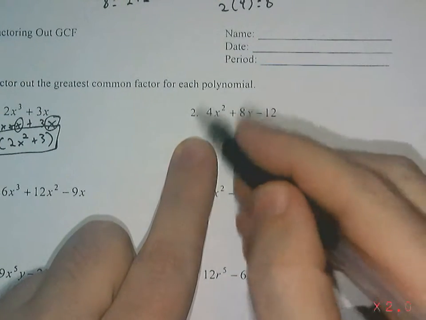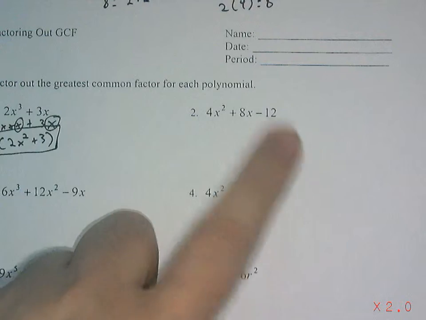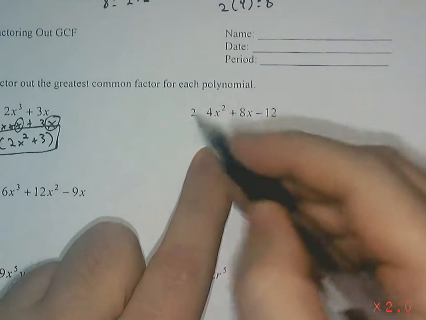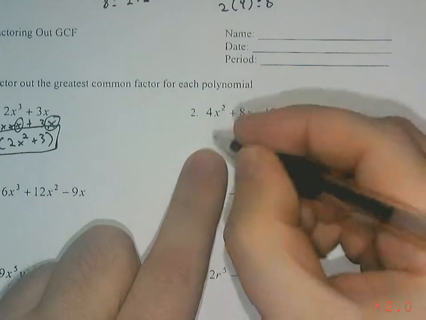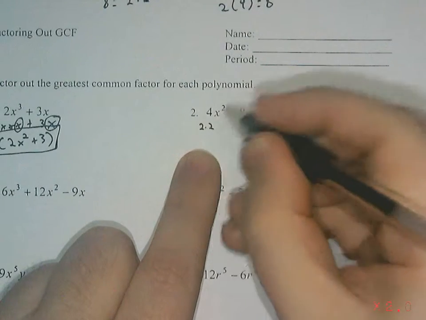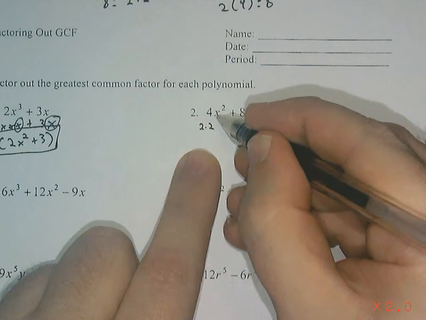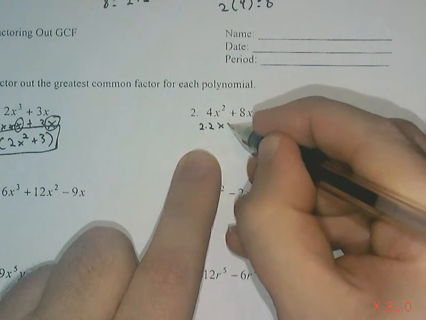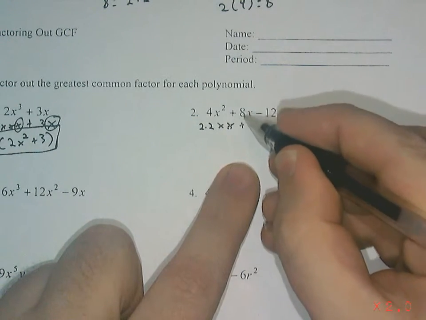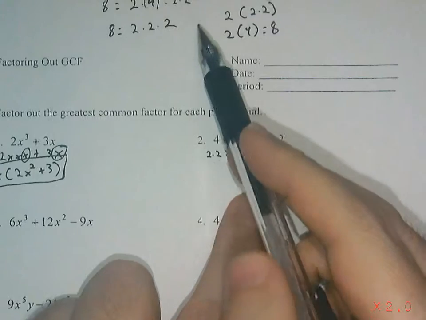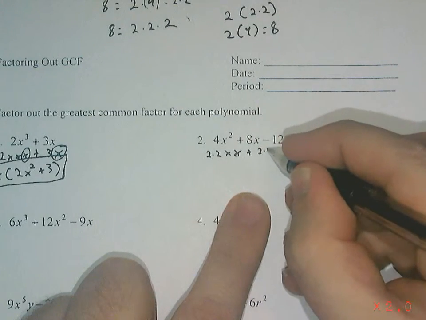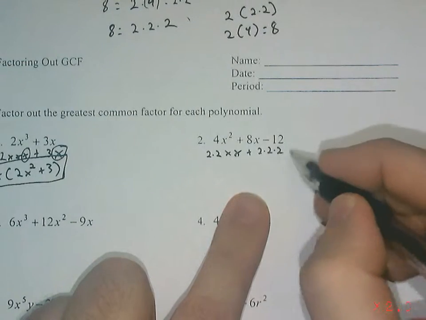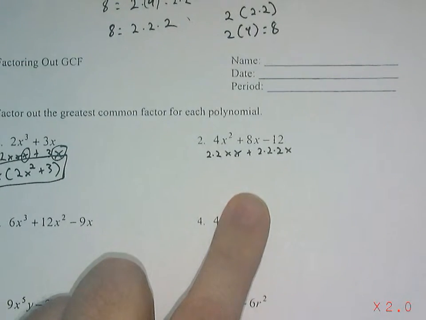So this time I've got some numbers that I can divide into the prime factored form, right? 4, as I've already discussed, is the same as 2 times 2. So 2 times 2, and then there's 2 x's, so x and x. And then 8, I've already discussed, is 2 times 2 times 2. So plus 2 times 2 times 2, and then there's an x.